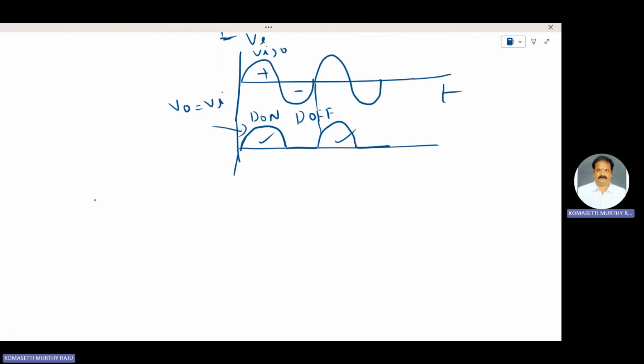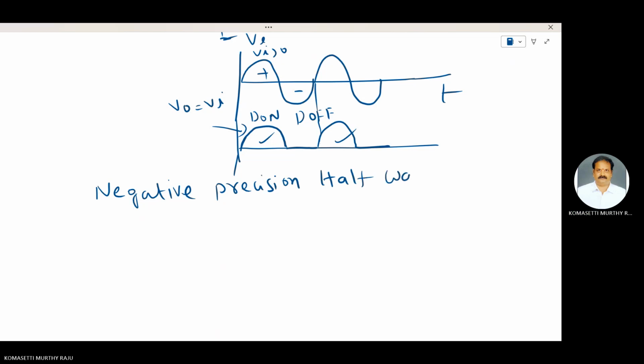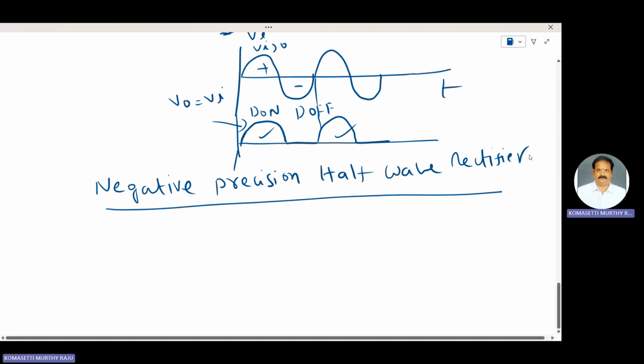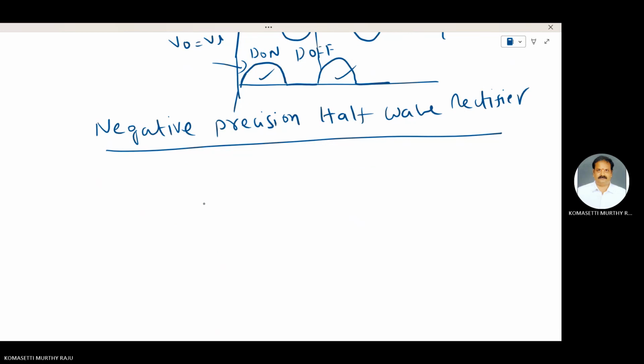Next one is the negative precision rectifier. In that case, the diode D is reversed here.